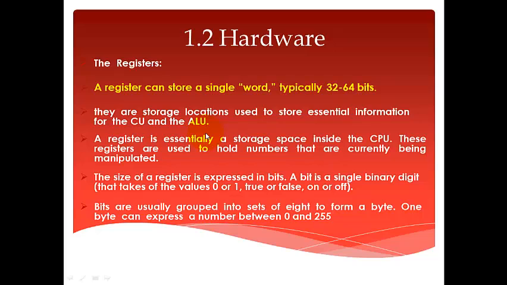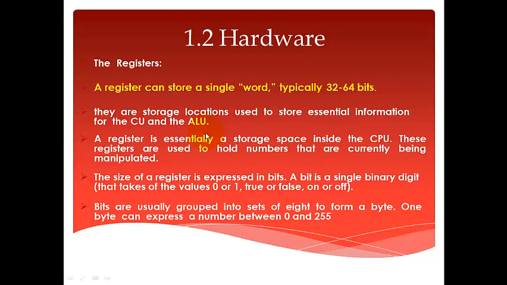Bits are usually grouped into sets of 8 to form a byte. See, we are making a combination of 8 bits. 8 bits put together, we can call it a byte. One byte can express a number between 0 and 255.